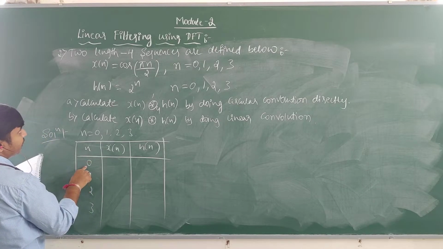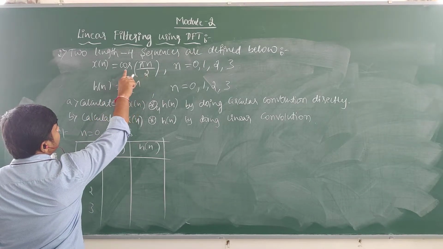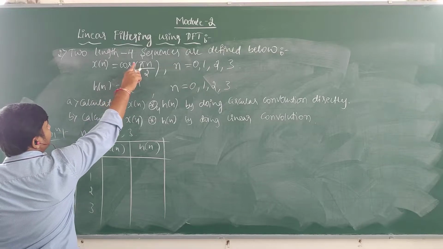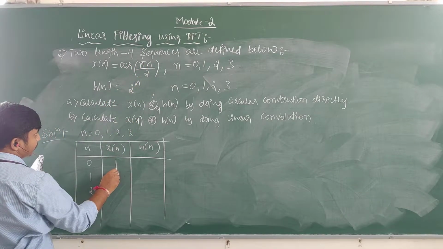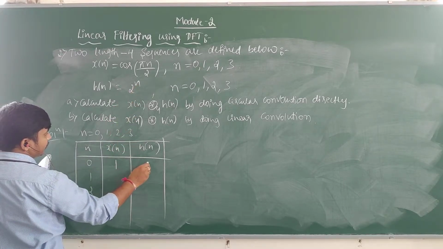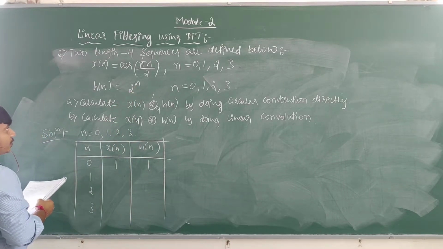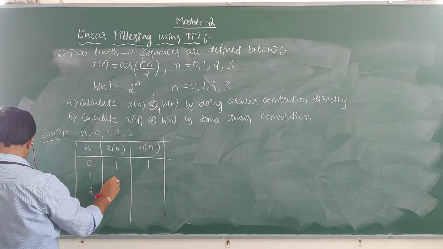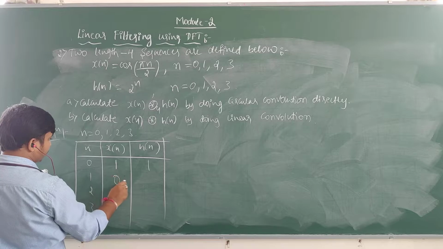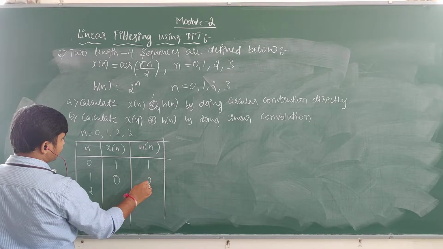So put n equal to 0 here: cos of pi by 2 into 0, that is cos 0, which is equal to 1, and 2 power 0 is also equal to 1. Again cos of pi by 2 into 1: cos pi by 2 is equal to 0, and 2 power 1 is 2.